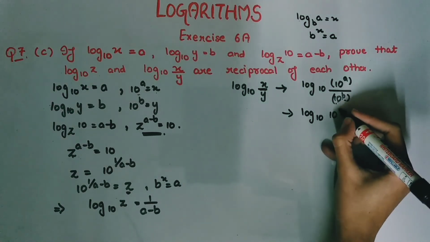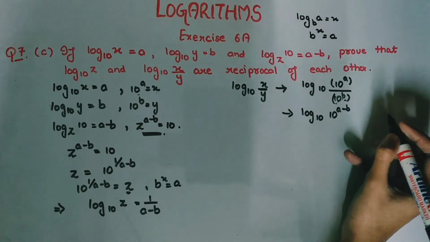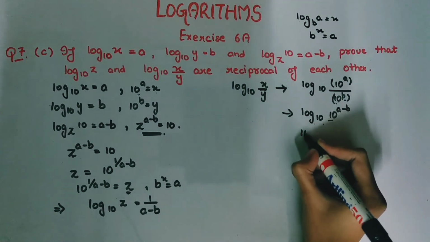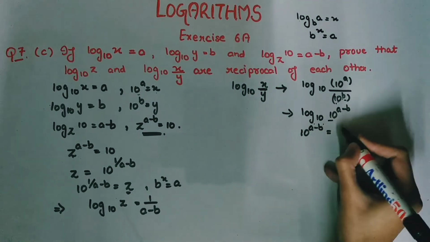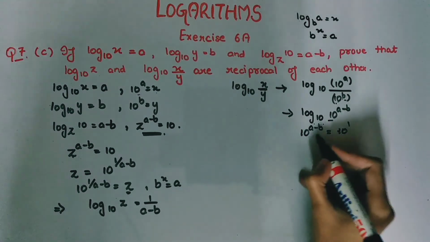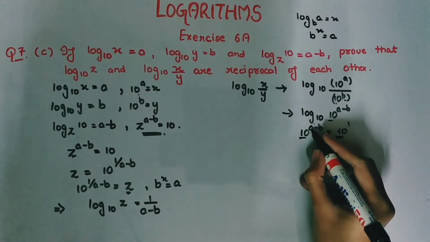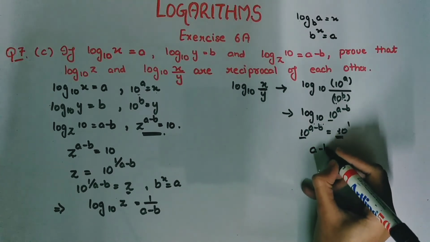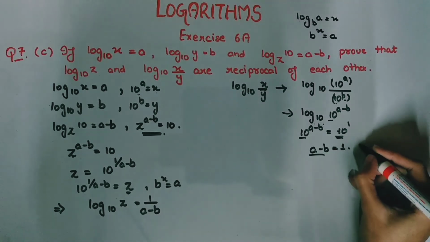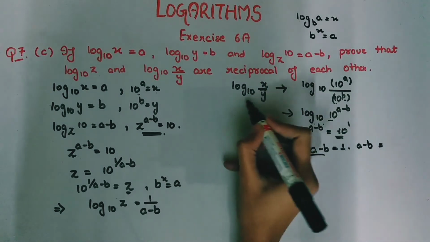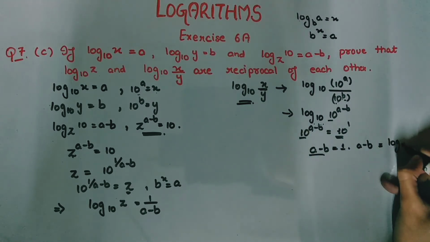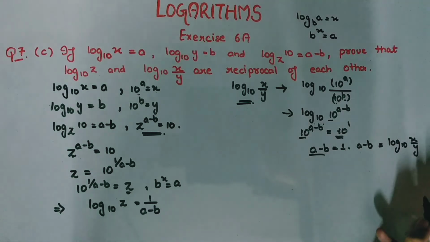That means 10 raised to power a minus b. When we have log base 10, then 10 raised to power a minus b is equal to 10 raised to power 1 in the sense of the log base. If the values are equal, the powers must be equal. That means a minus b is equal to log base 10 of x divided by y.